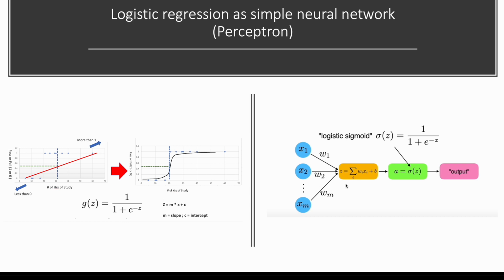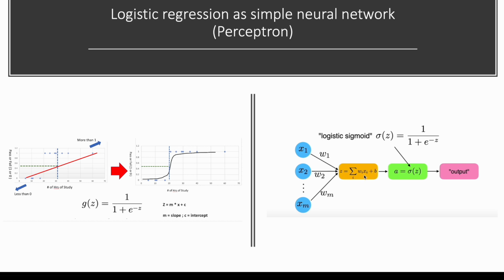It is exactly the same thing which we are doing. We are doing w1 x1 instead of m1 x1, w2 x1 similarly to m2 x2, the second feature. And we are adding an intercept term b over here. We are adding an intercept term c. It's still a constant. It's just a bias.